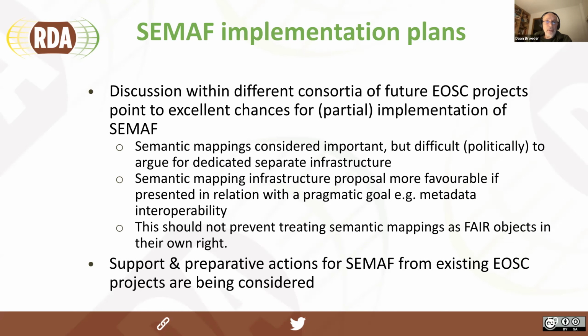So semantic mapping infrastructure will be more favorably regarded if it's presented in relation with a pragmatic goal, for instance, metadata interoperability. Well, this should not prevent us from treating semantic mappings as FAIR objects, with an independent existence in their own right. And I think we can arrange that.